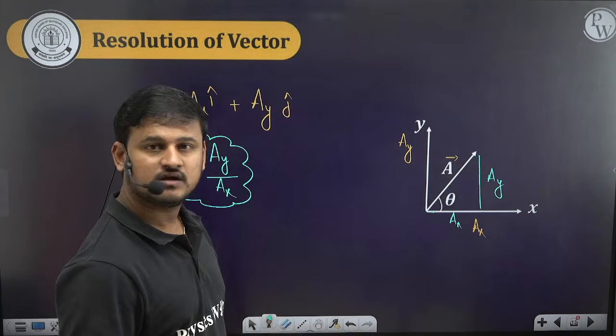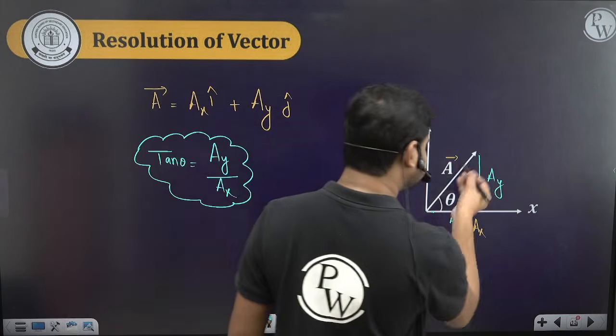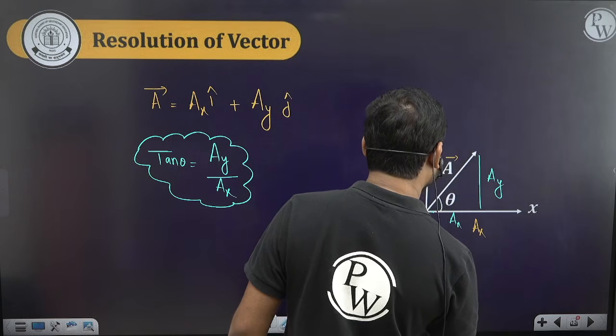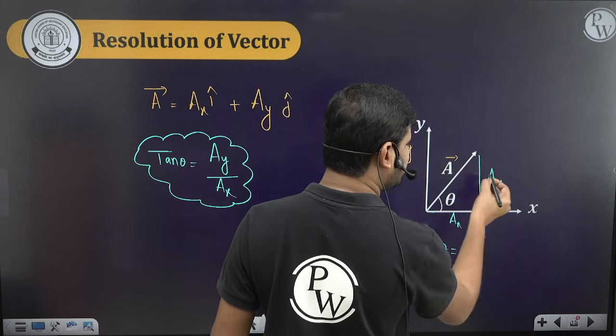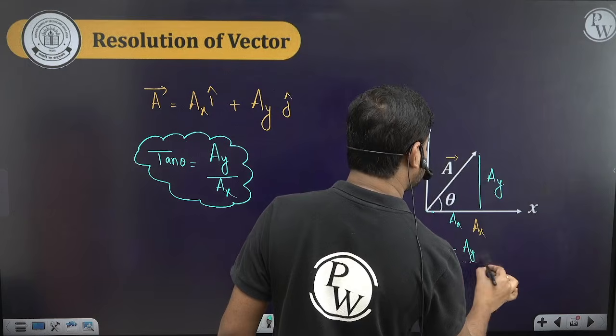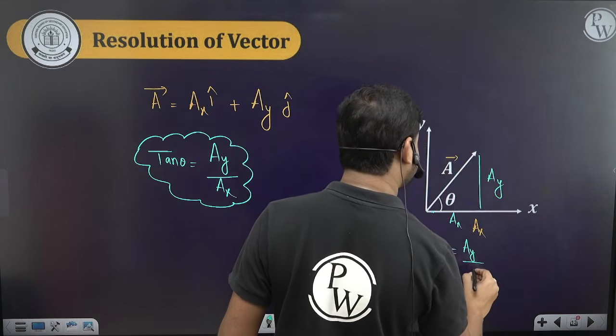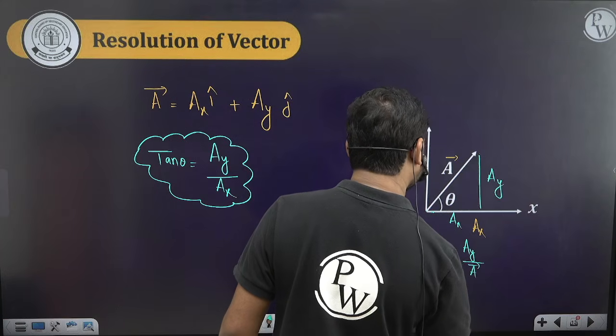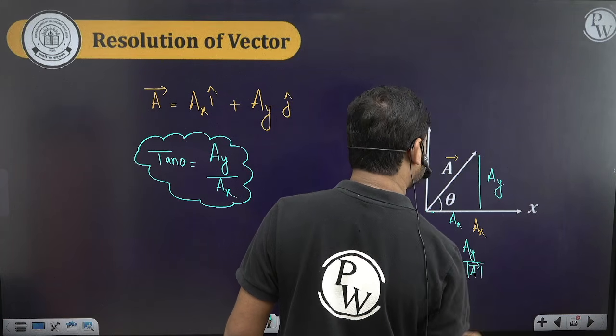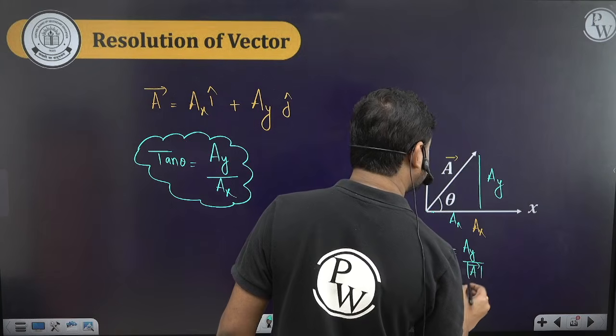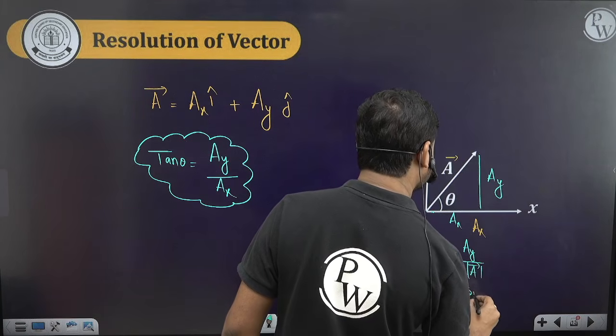Or else from this triangle, sin theta equals opposite by hypotenuse, AY by the magnitude of vector A, which is A. So AY is simply A sin theta.